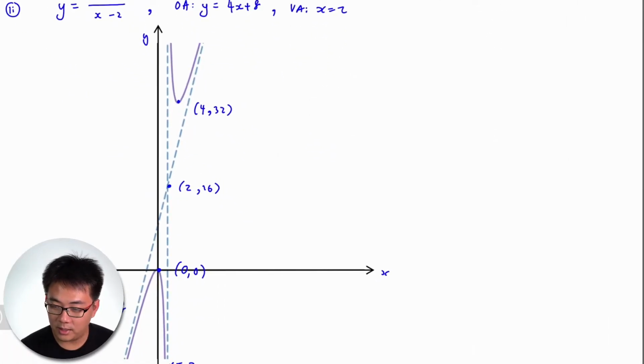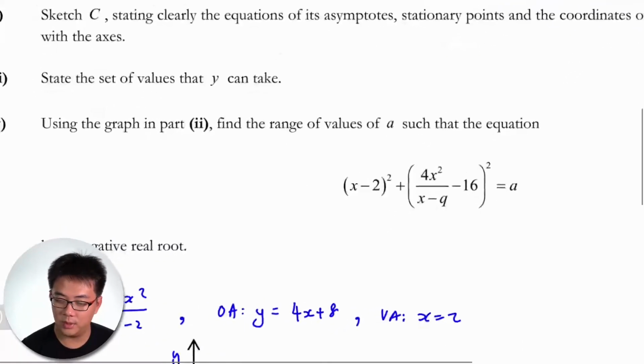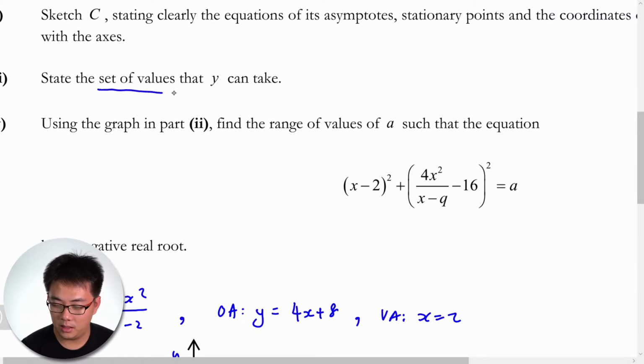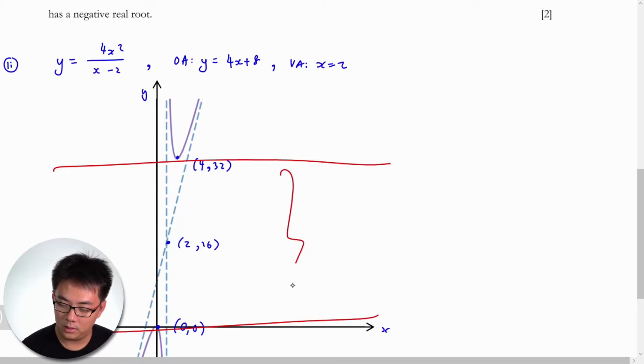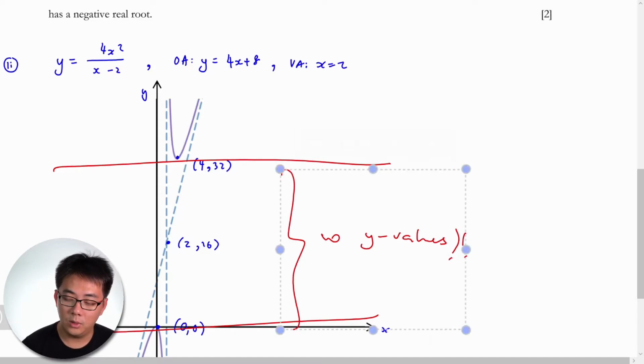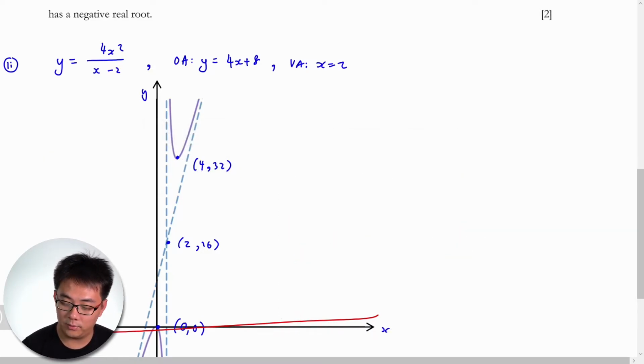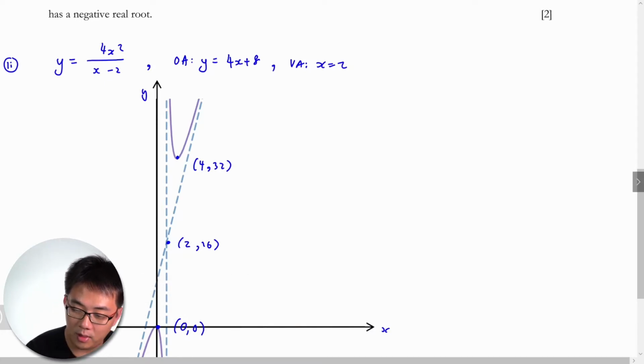So the set of y values it can take is pretty okay. The set of y values it can take just means that as you could see, there's no y value here. There's a void here. So no y values. Just take note of that. So the y values it can take are 432 onwards.